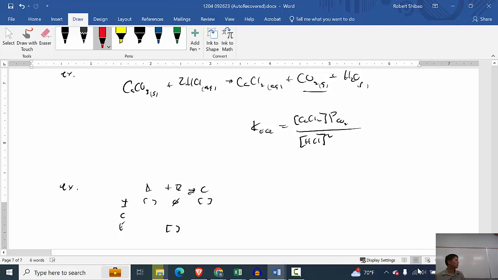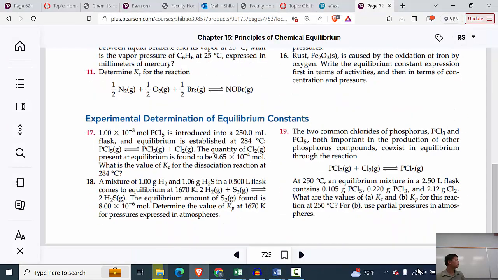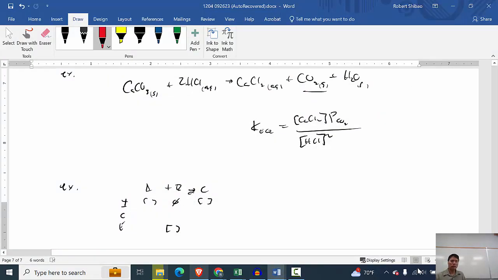In this particular case, we have the balanced chemical equation, which is 2, 1, and 2. So this is 2, 1, and 2.